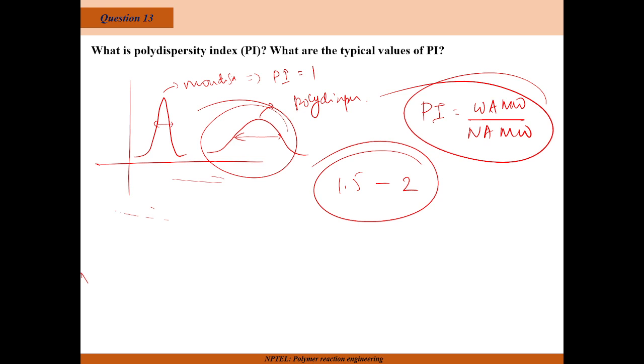Yeah, practically, when we say a polymer is monodisperse, in the GPC the peak is very narrow, which shows that almost all the chains that are formed are of almost equal length.